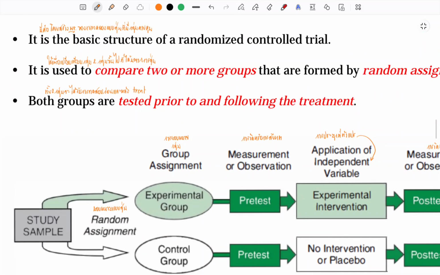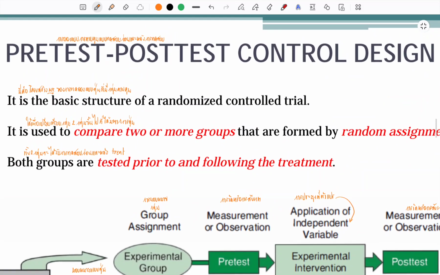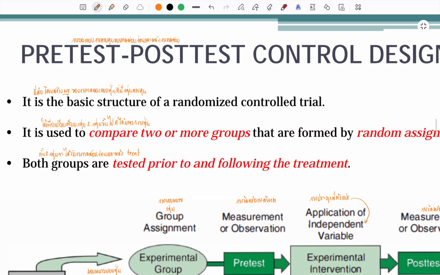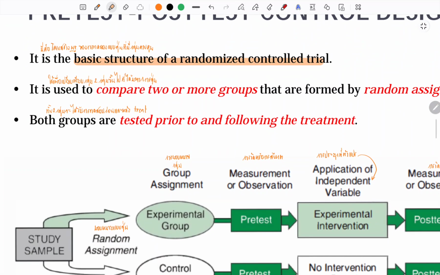The first one we call the pre-test, post-test control design. This is actually when you conduct the RCT, randomized control trial. This is the basic structure of the RCT. You recruit the sample, randomize the sample into experimental group and control group.